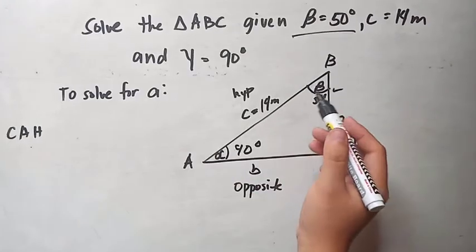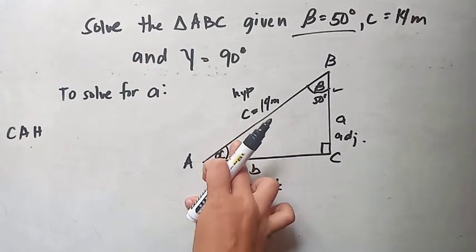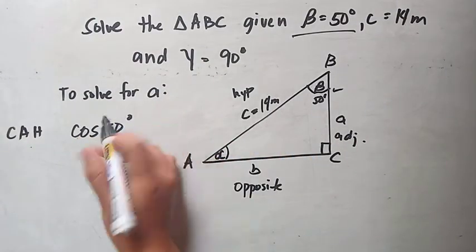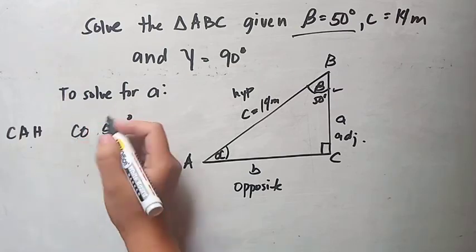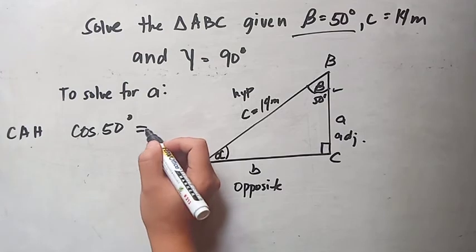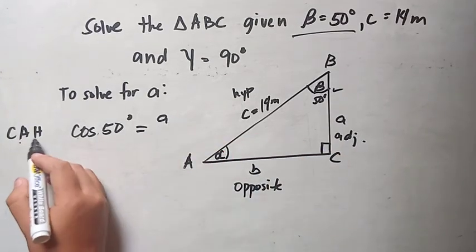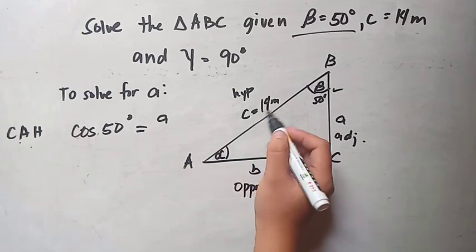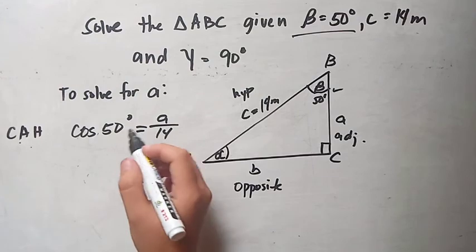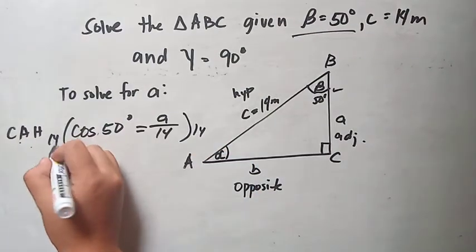Since ito ang given, tanggalin muna natin ito para hindi malito. So, cosine 50 degrees is equal to our adjacent, so that is A, over hypotenuse, that is 14. So, in order to find A, we will multiply both sides by 14.